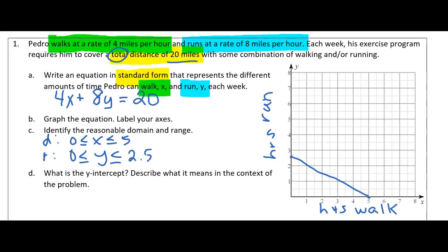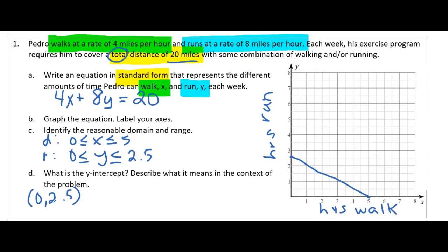The last part says, what is the y-intercept? And describe what it means in the context of the problem. My y-intercept I already found was (0, 2.5). And in the context of the problem, this is when we described our standard form.